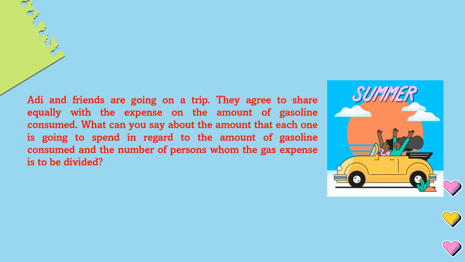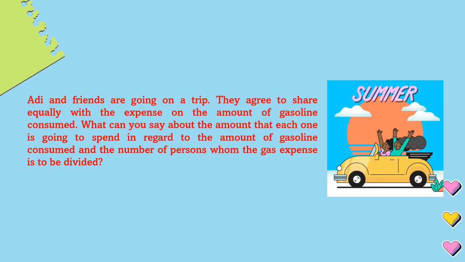Alright, so we can say that the money they are going to spend on gasoline varies directly to the amount of gasoline consumed, while the share each one must pay varies inversely to the number of persons whom the gas expense is to be divided.